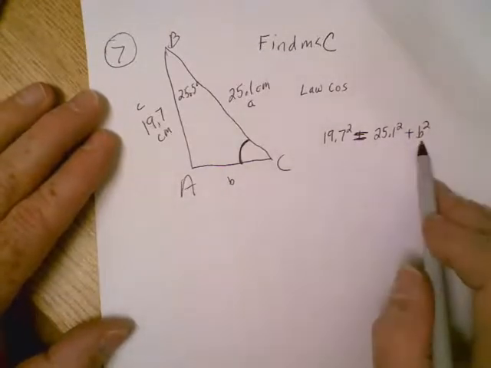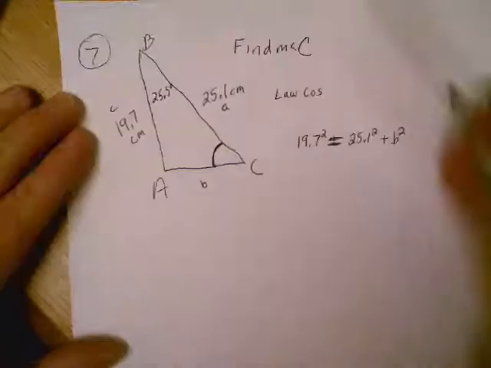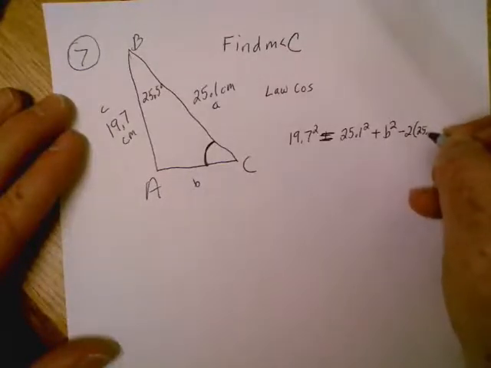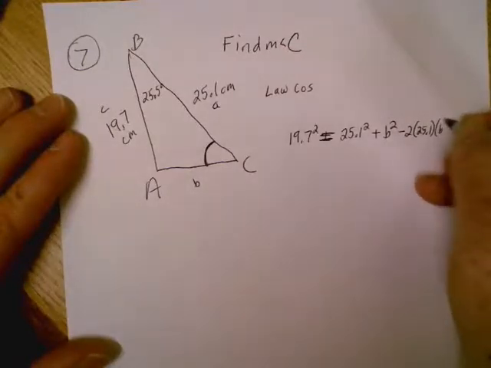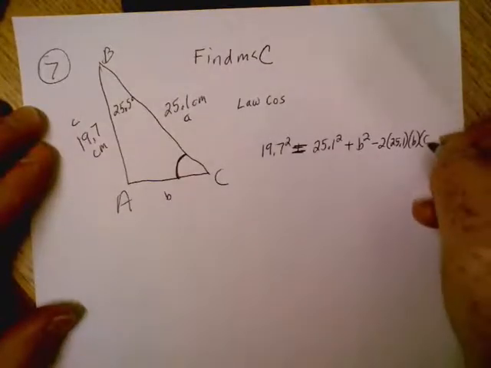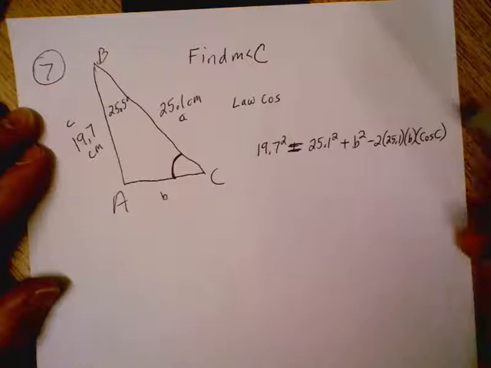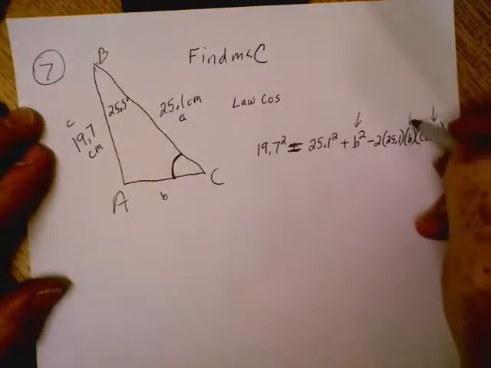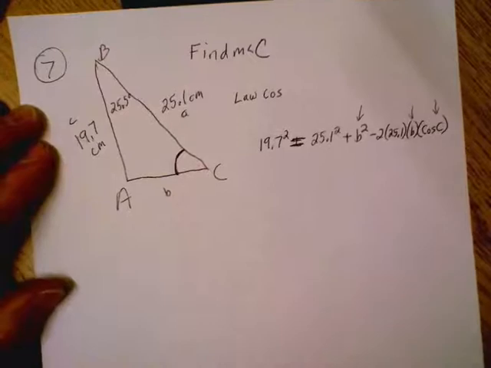Well, we don't know little b. Then we'd have minus 2 times 25.1 times little b times the cosine of big C. So that'd be our equation, but the bad thing is that we have more than one variable in here, so we can't actually solve it.